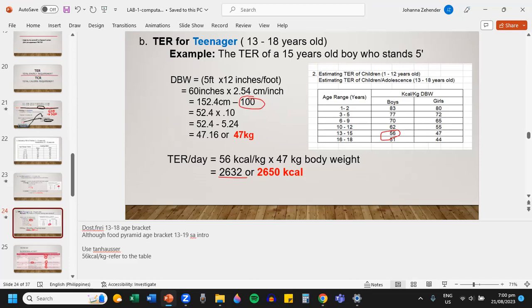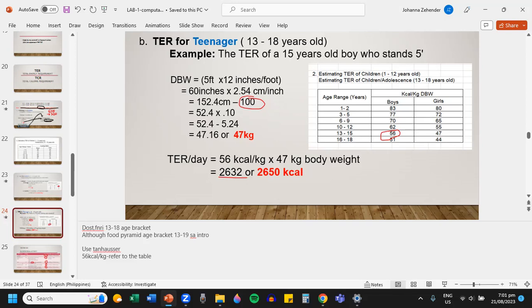To convert that to centimeters, multiply 60 times 2.54, and you will arrive at 152.4 cm. Then you're going to subtract 100, so you have 52.4.